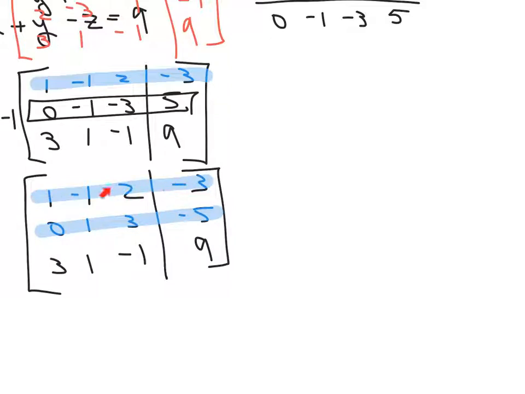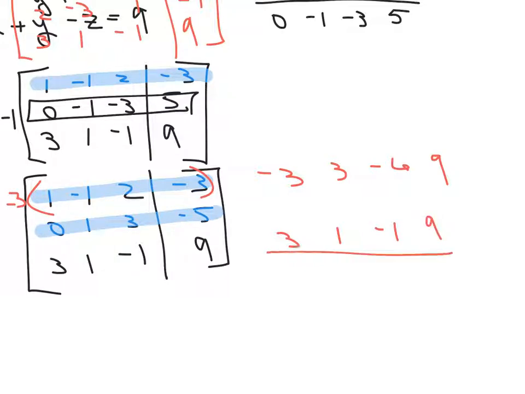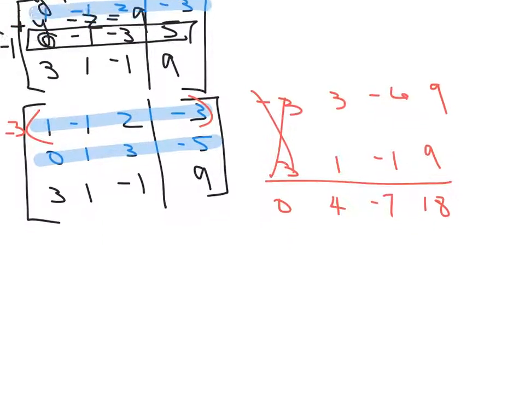So if I multiply this row by negative 3, this becomes negative 3 plus 3, which is 0. So let's multiply this locked row by negative 3. And that gives me that. Then I'm going to look at my third row, and I'm going to add those, and those go away. This becomes a 4, negative 7, and an 18. Okay, so that gives me a new third row.